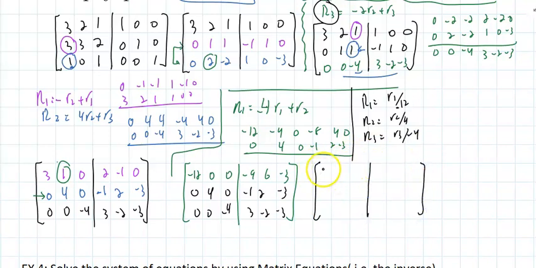That much work on every problem. Divide by a negative 12. Divide by a negative 12, by a negative 12, and by a negative 12, 1/4. Divide by a 4 and divide by a negative 4.